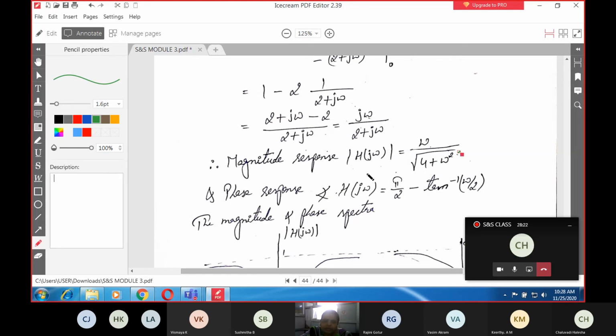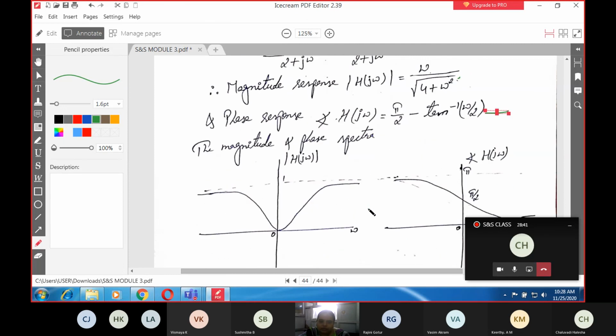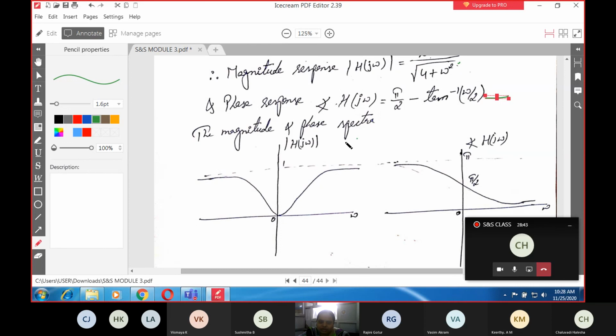Then about the phase response, only the imaginary part is there and the real part is not there, which means it will be infinity, tan inverse infinity is pi by 2, and minus the denominator part, which is tan inverse of omega by 2. Therefore the magnitude and phase spectra are going to come like this.